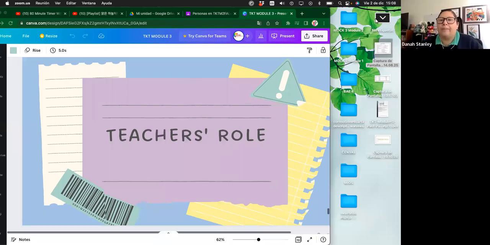Excellent. Okay. So we are going to analyze and discover new roles the teachers may have in a class. Sometimes we are just limited to think about the traditional roles of the teacher, to be an advisor, a psychologist, a technician, things like that.